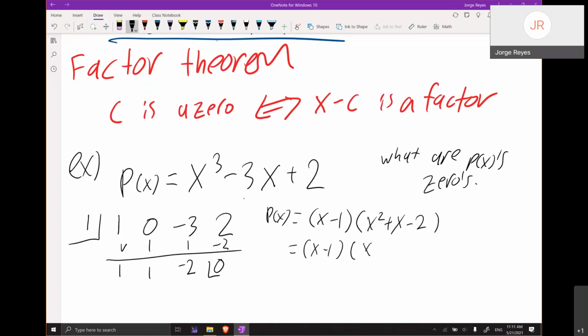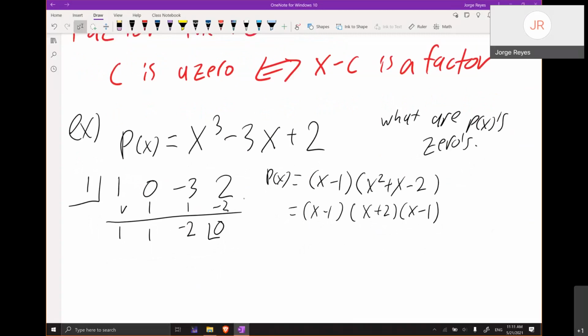But here it actually just factors again into something nice. Oh, so actually, 1 had multiplicity 2. So the zeros are 1, multiplicity 2, and -2. And it's synthetic division that really allows us to get there.